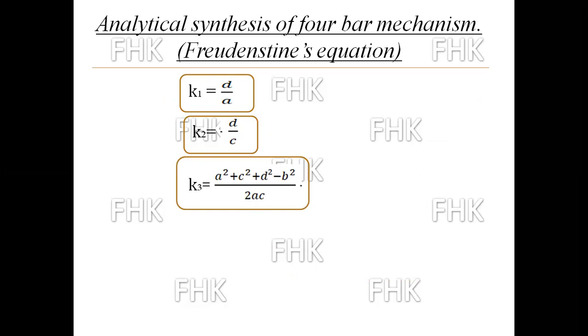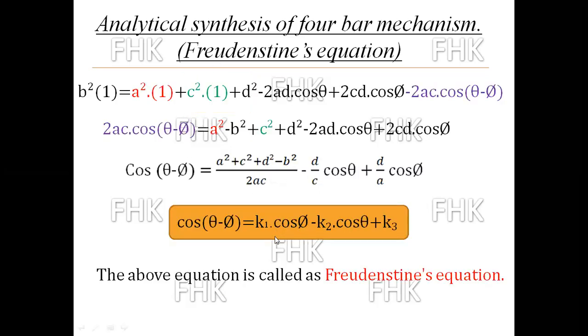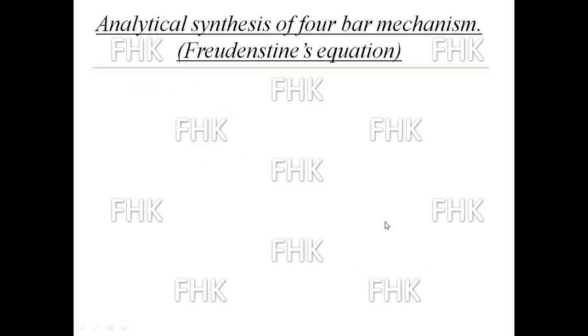Okay, so this is about finding the lengths of all the linkages with the help of Freudenstein equation. Remember this equation for solving numericals. Cos theta minus phi is equal to k1 cos phi minus k2 cos theta plus k3, where phi is inclination of output link with respect to fixed link, and theta is inclination of input link with respect to fixed link.